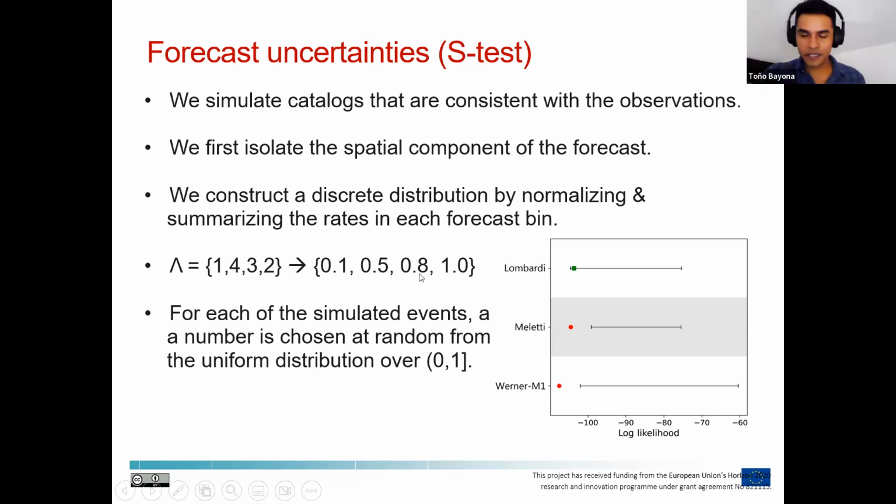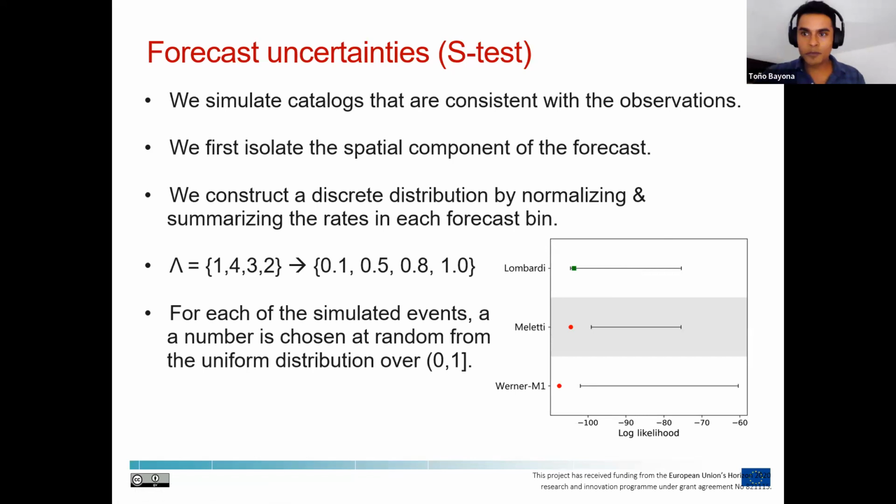So I can do it for the second earthquake, for the third earthquake, for the 40th earthquake, and then I can again compute the probability of observing such 40 simulated earthquakes according to the model, and I'm going to obtain another joint likelihood score that probably is going to fall here.